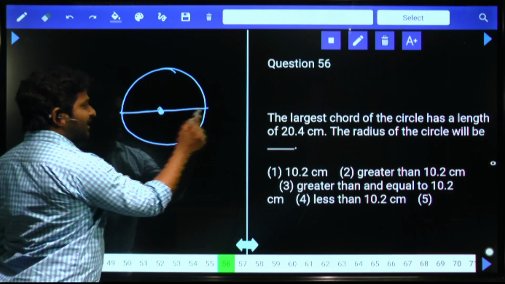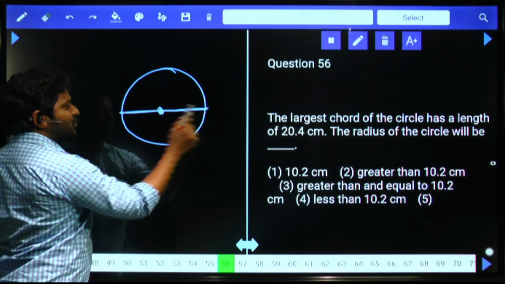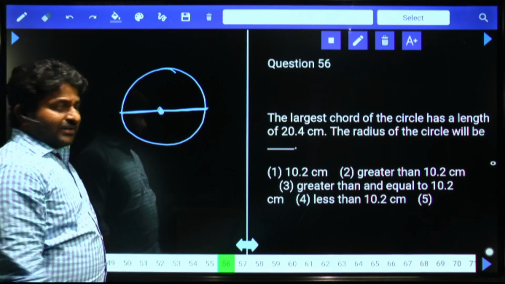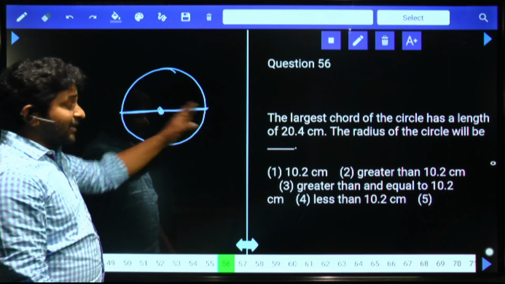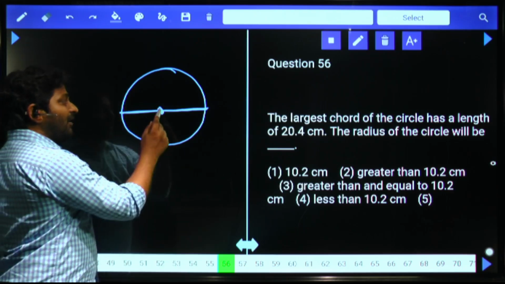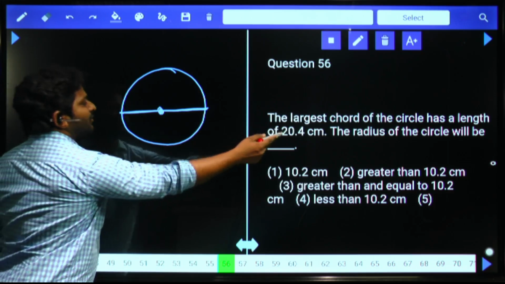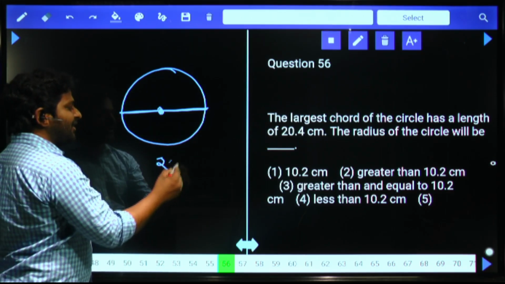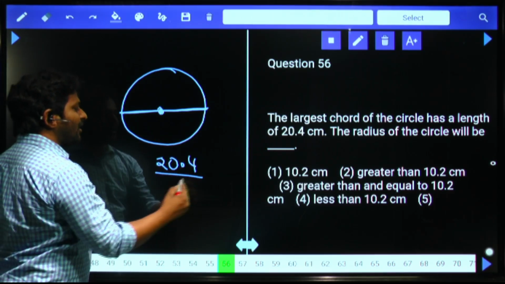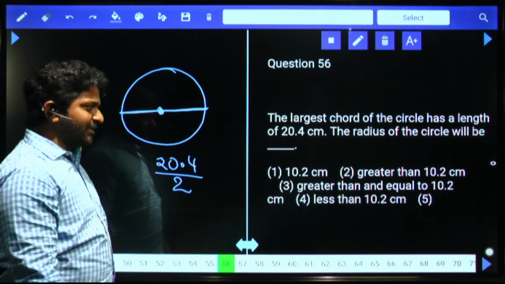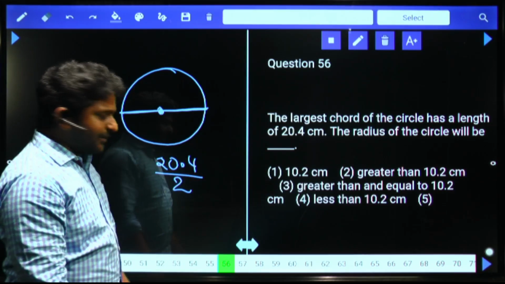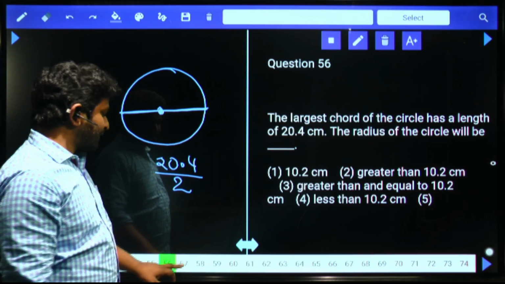For a circle, a line which touches both sides of the circle and passes through the center is called the diameter. So the diameter is equal to 20.4 and you are asked to calculate the radius. Radius is equal to half of the diameter, which is 10.2 centimeters exactly, first option answer.